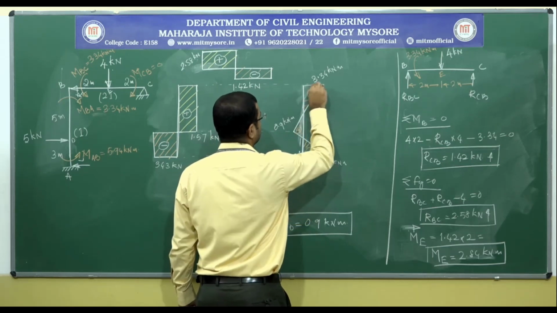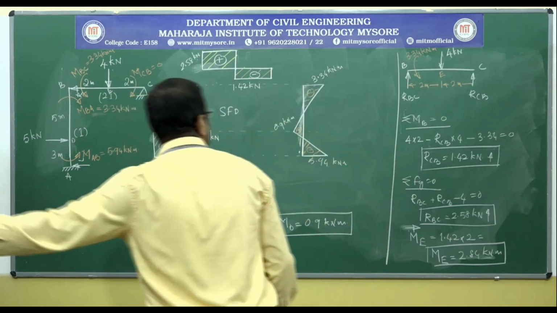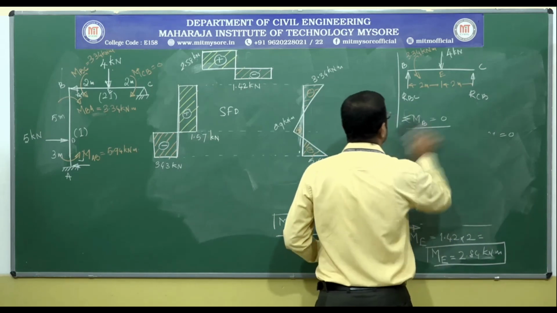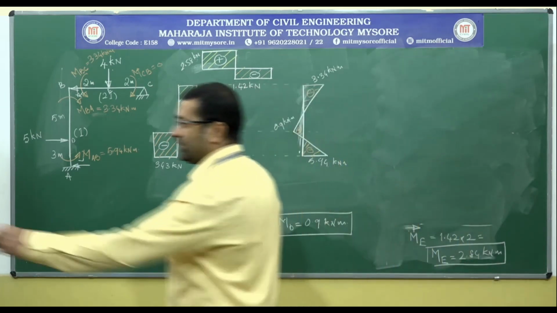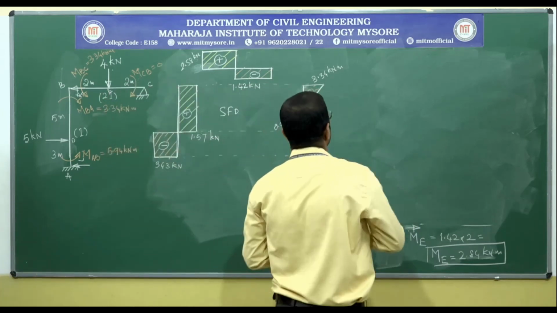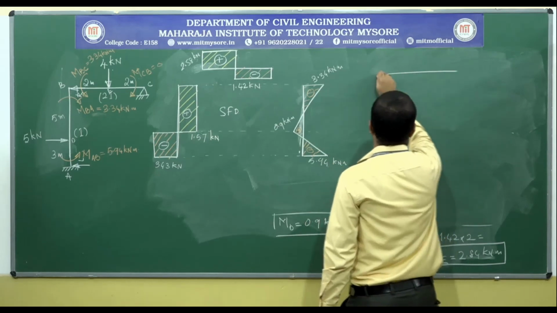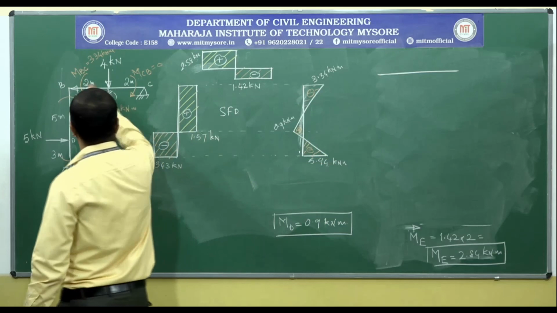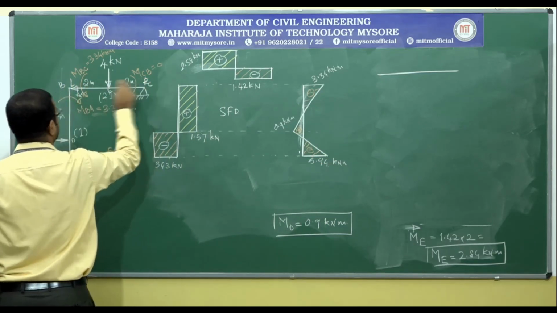Right. For the member BC, if I draw the bending moment diagram, it looks something like this. Let us say this is the left side and this is the right side.